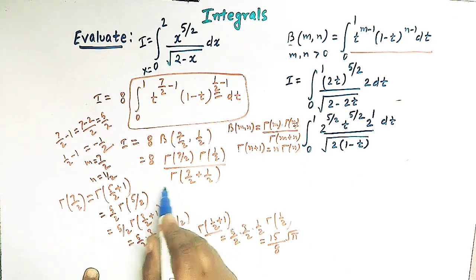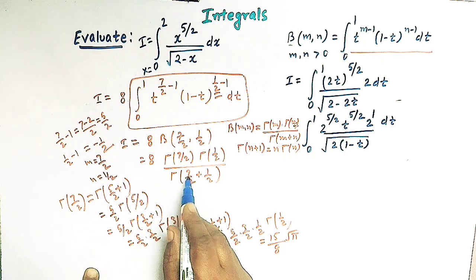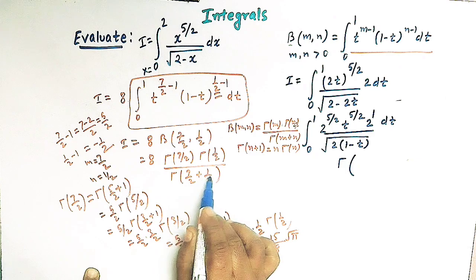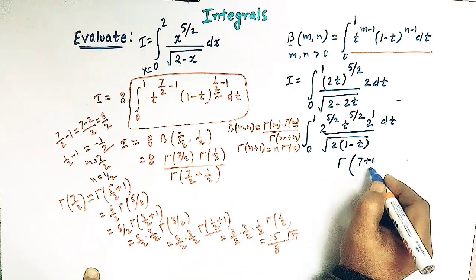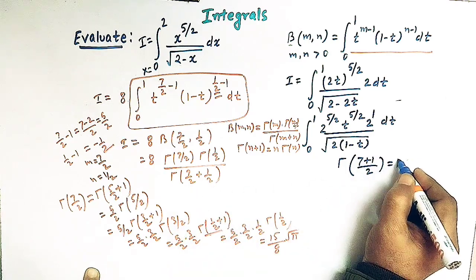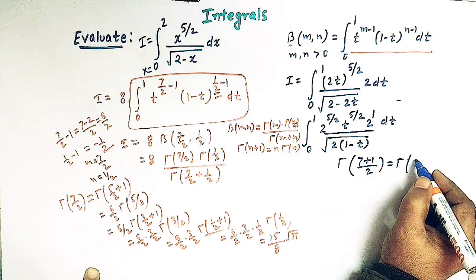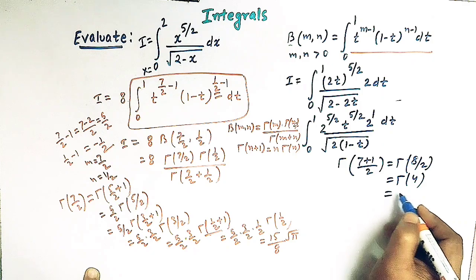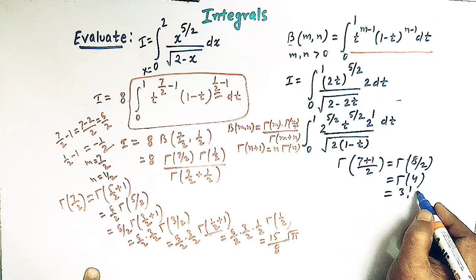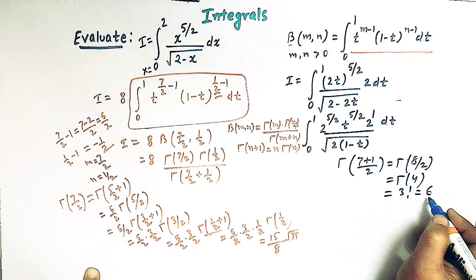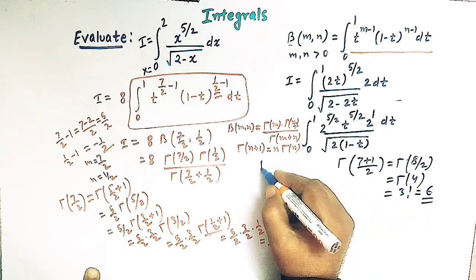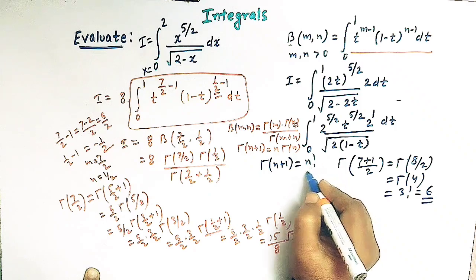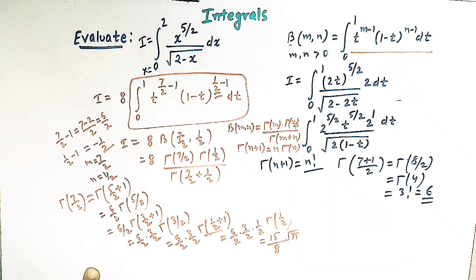So now in the denominator we have gamma of 7 over 2 plus half. So we have 7 over 2 plus half is 7 plus 1 over 2, that is gamma of 7 plus 1 is 8, 8 over 2, that is gamma 4, and gamma 4 is equal to 3 factorial, that is equal to 6, right? Because we know that gamma n plus 1 is equal to n factorial, where n is some positive integer.